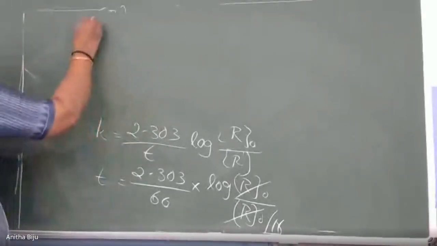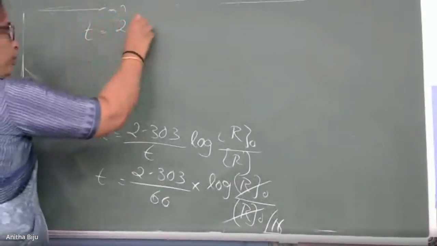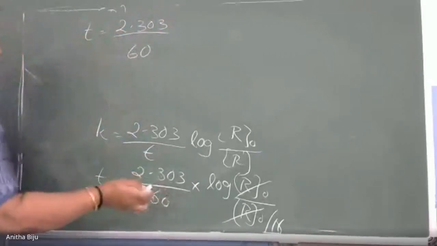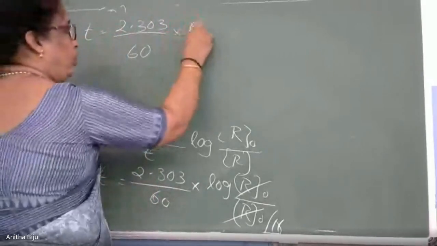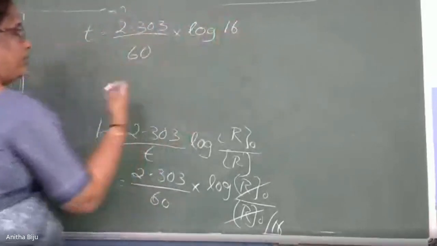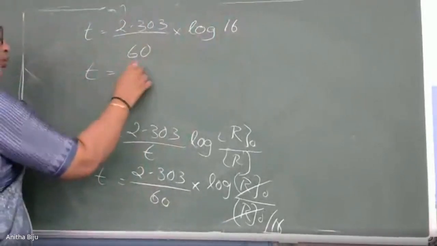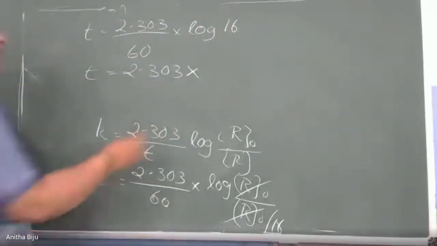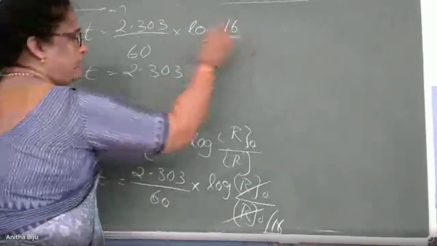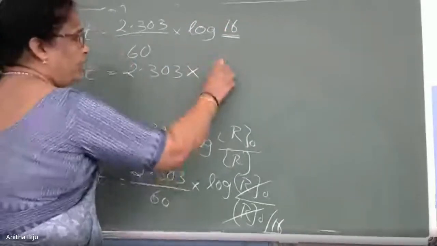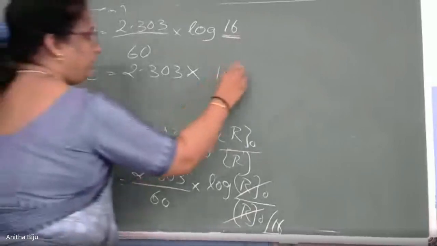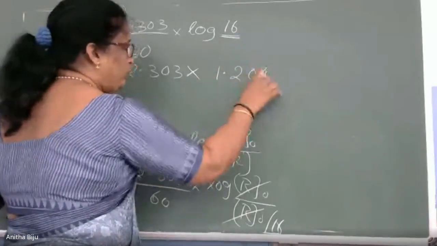Then T is equal to 2.303 divided by 60 into log 16. You know that 16 is a two-digit number, so its characteristic part will be 1, and the logarithm of 16 is 1.204.